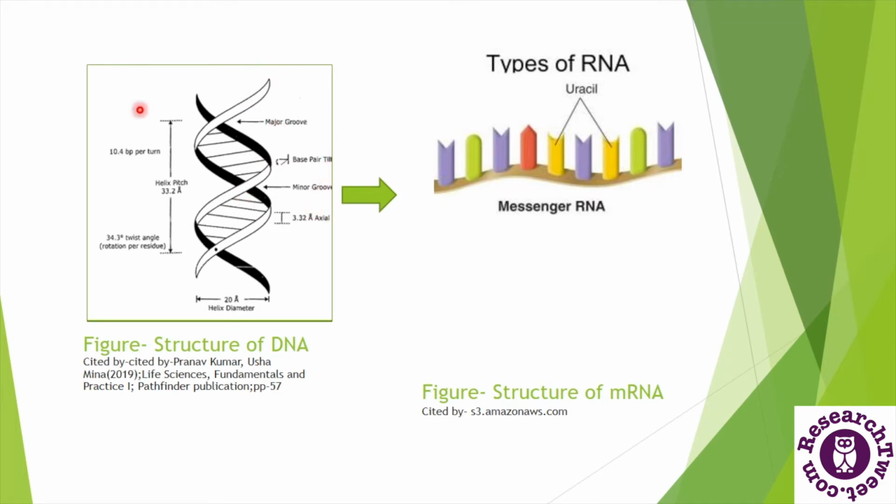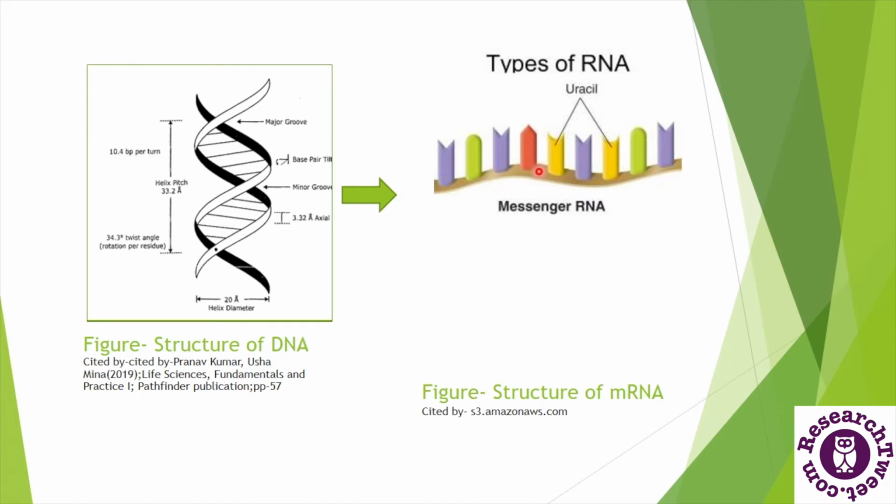In this picture, we can also see the helix pitch and the helix diameter of the DNA. In the other picture, we have the type of RNA which is a single-stranded RNA molecule, the messenger RNA. It has nucleotide bases within it.